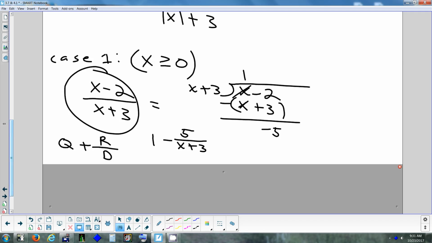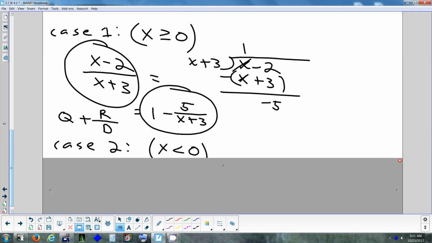And a lot of times they just switch the order on that, so they write it as negative 5 divided by x plus 3, plus 1 on the end. Either way, we can leave it like that. That's fine. So that's our first one. We'll come back to that.